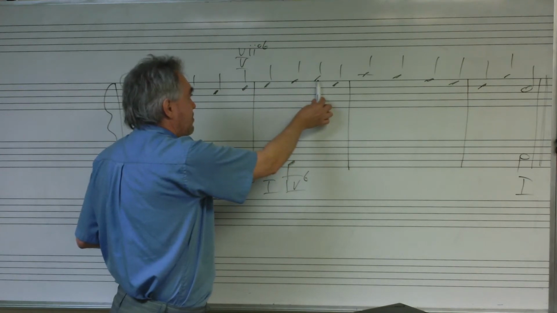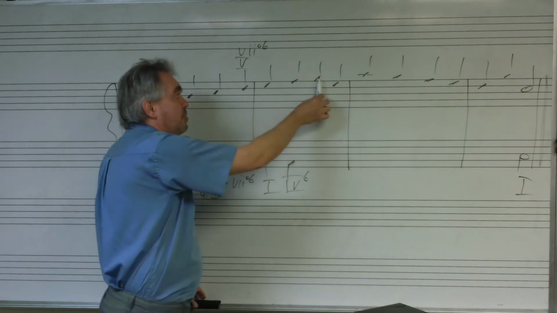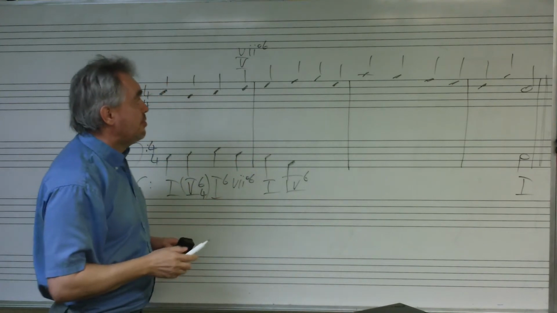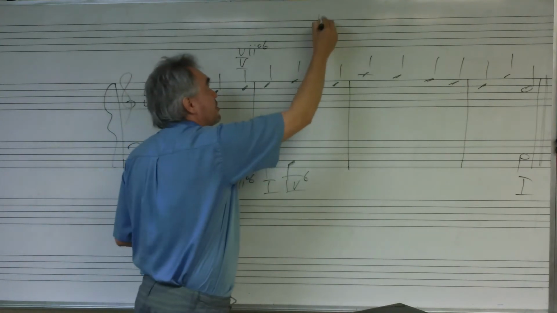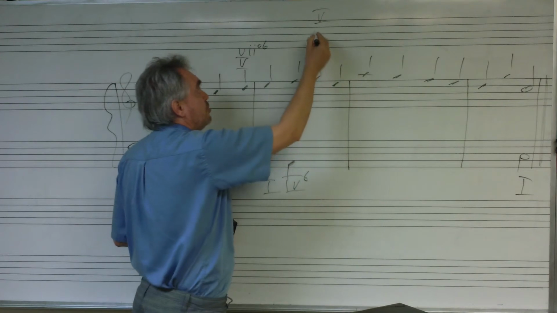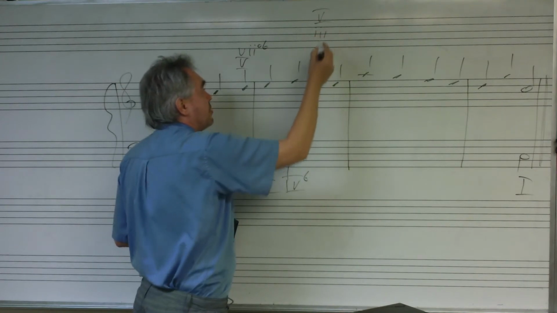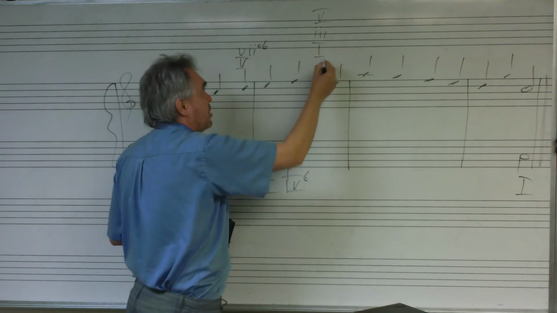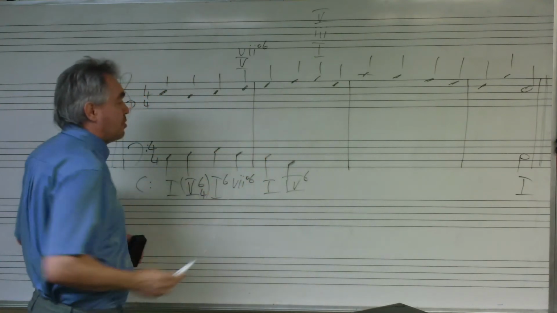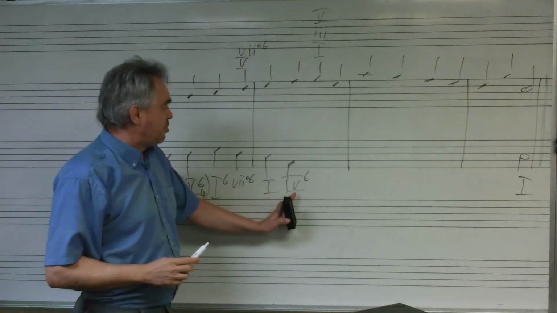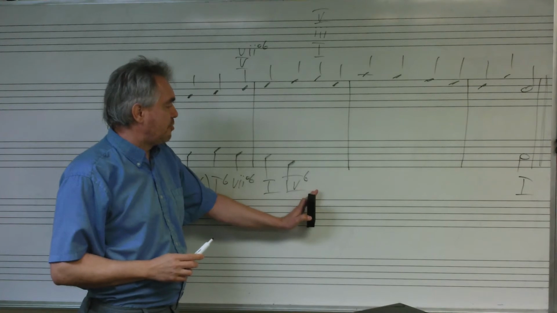Now we have the dominant tone in the soprano, which of course can be harmonized with Roman V if it's the root, with Roman iii if it's the third, or with Roman I if it's the fifth of the chord. We cannot really go to I after IV.